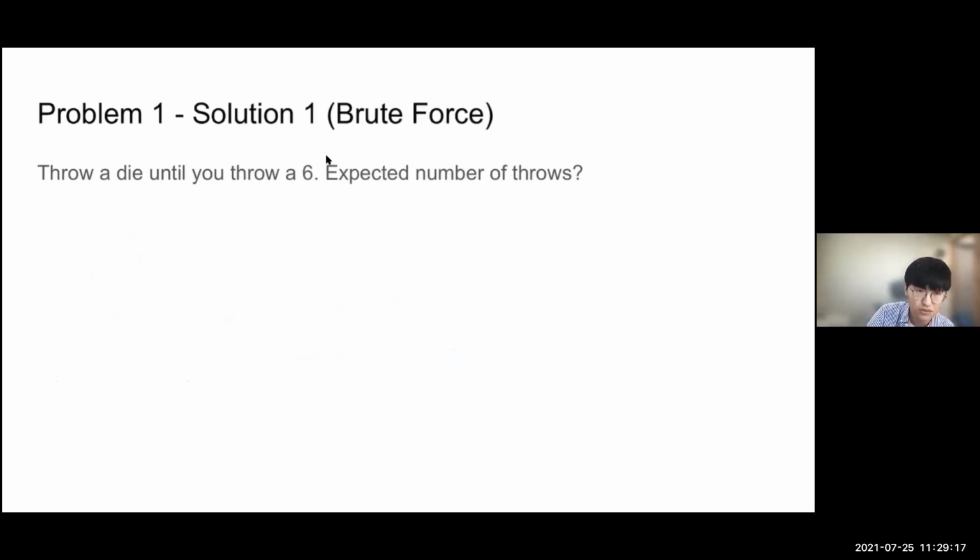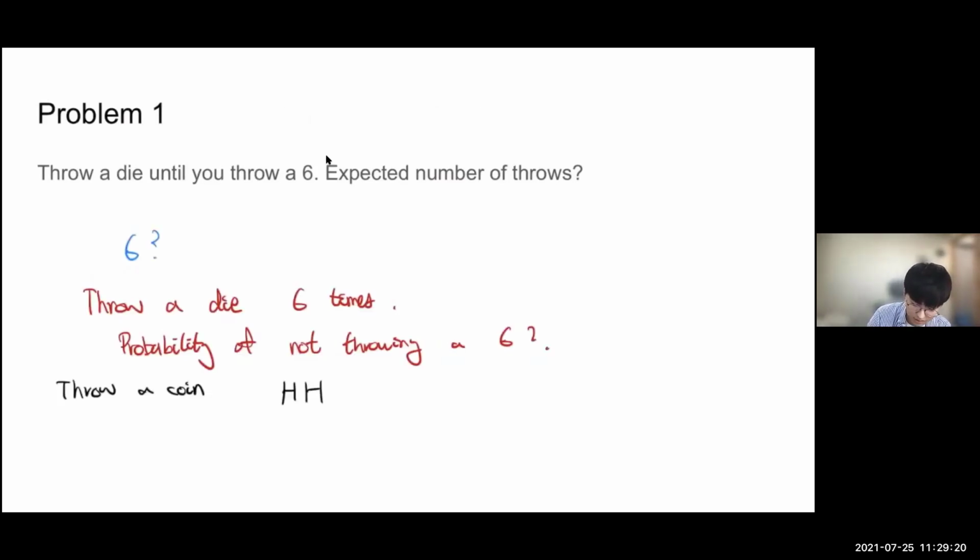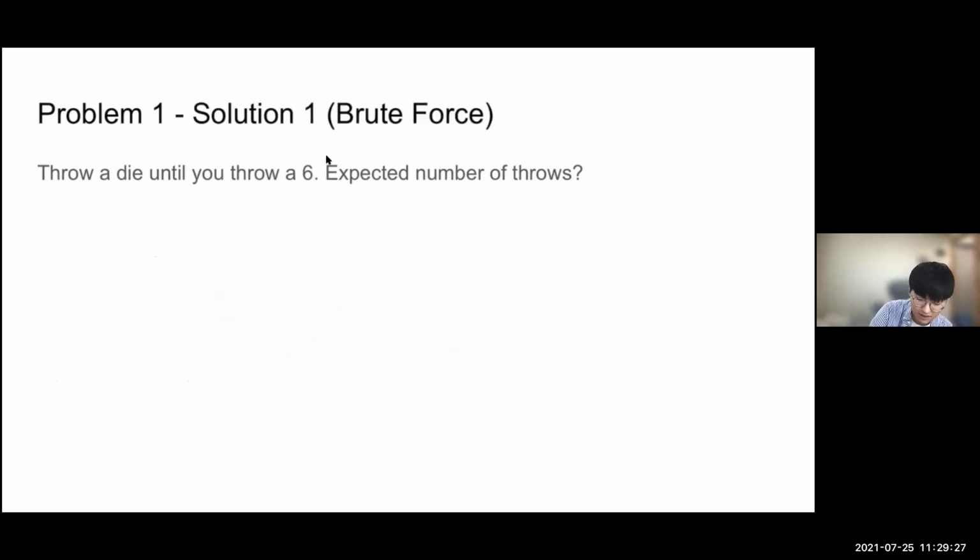I think the usual solution is something like this. The expected value of a random variable is something like: you sum up all the possible values multiplied by the probability of each occurring. So you will have thrown exactly once with probability 1/6, because you have to get a 6 on your first throw.